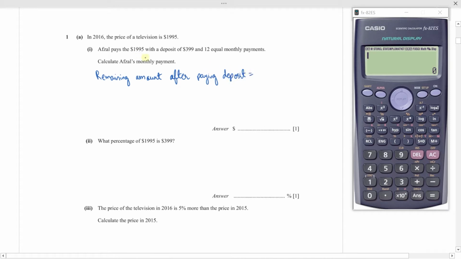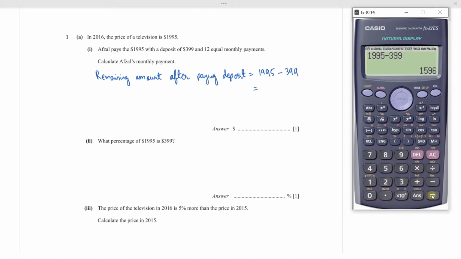So this will be 1,995, which is the price of the TV, minus the deposit that he paid, which was 399. So this is 1,995 minus 399, 1,596. So 1,596 is the remaining price that he paid in 12 equal monthly payments.